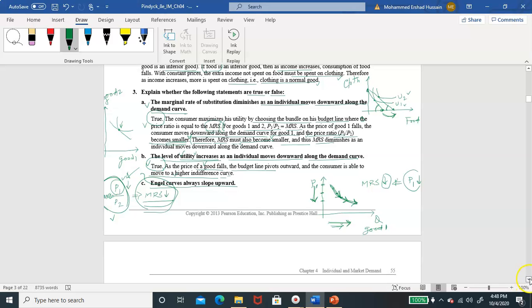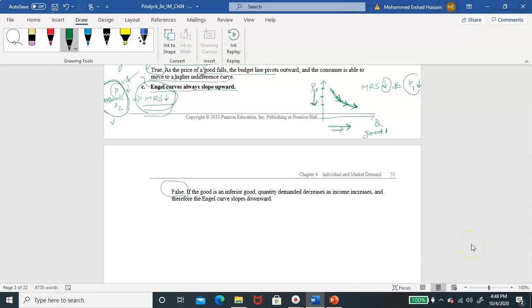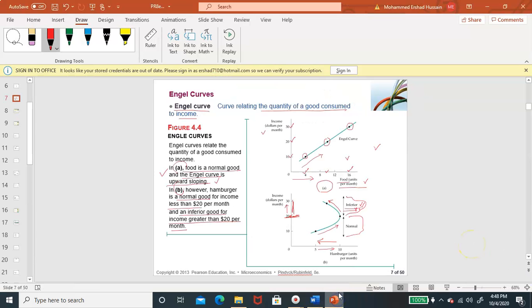Now the next one: does the Engel curve always slope upward, true or false? This is false. Why so? Look at this, this is the Engel curve. We have an upward Engel curve only for normal goods. But here, hamburger is not a normal good. When income is between 10 and 20, he will consume more as income increases.